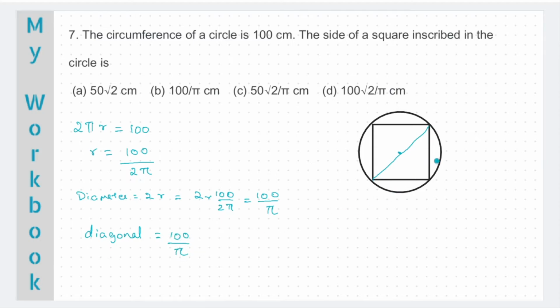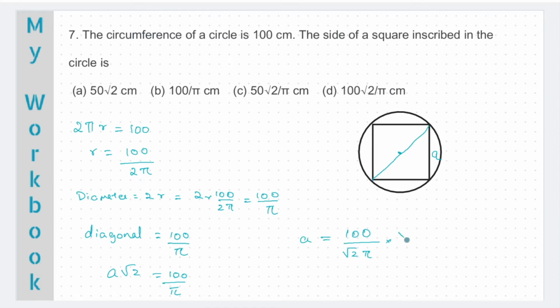If the side of the square is a, we know that the diagonal is given by a root 2. So a root 2 is 100 by pi. Side of the square a will be 100 by root 2 pi. Normally we'll rationalize when we get such an answer with a square root in the denominator.